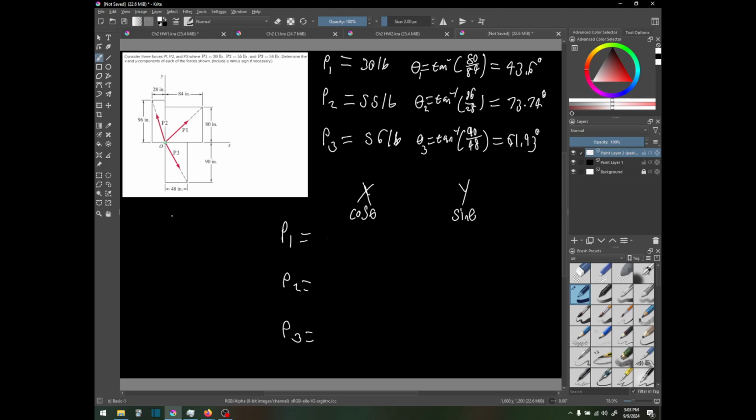But what we're going to be doing is 30 cosine 43.6, and that's going to give us this number here. And then down here, this one's going to be 55 cosine 73.74.